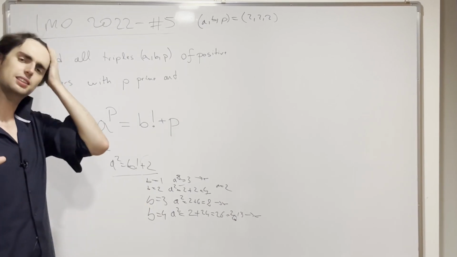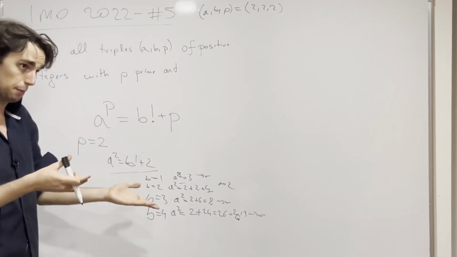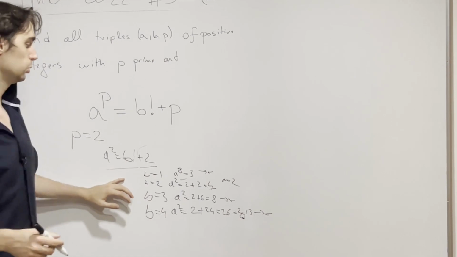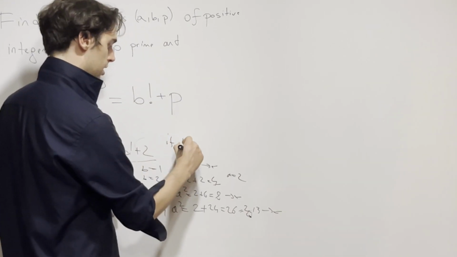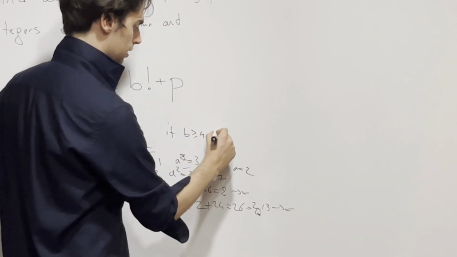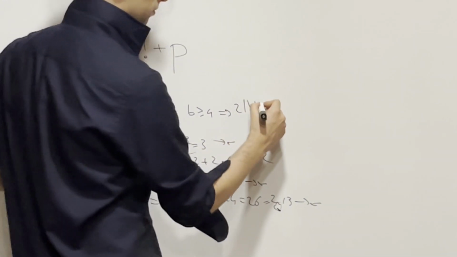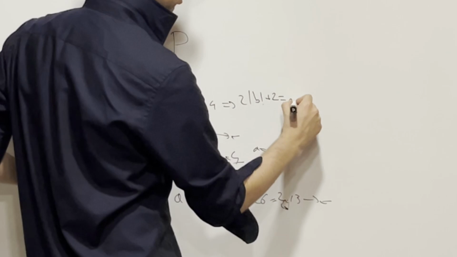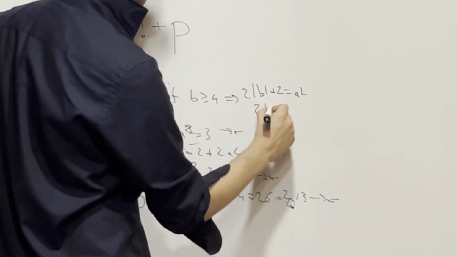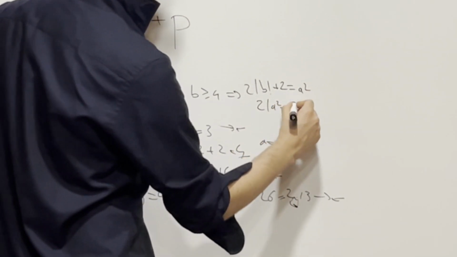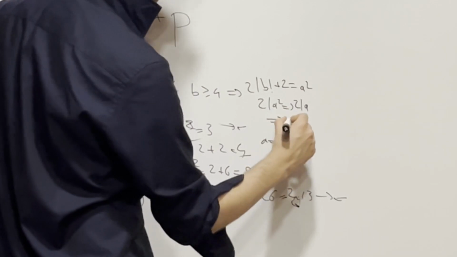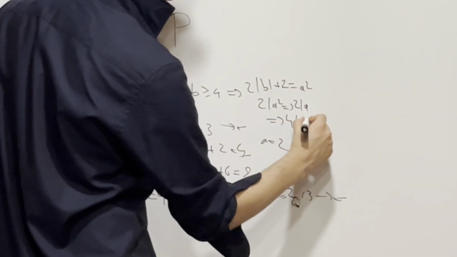Pause for 5-10 minutes, or like 2 minutes really, and try to think about this. And the answer is, if b is greater than or equal to 4, then 2 divides b factorial plus 2, which is equal to a squared. So 2 divides a squared, so 2 divides a, so 4 divides a squared.